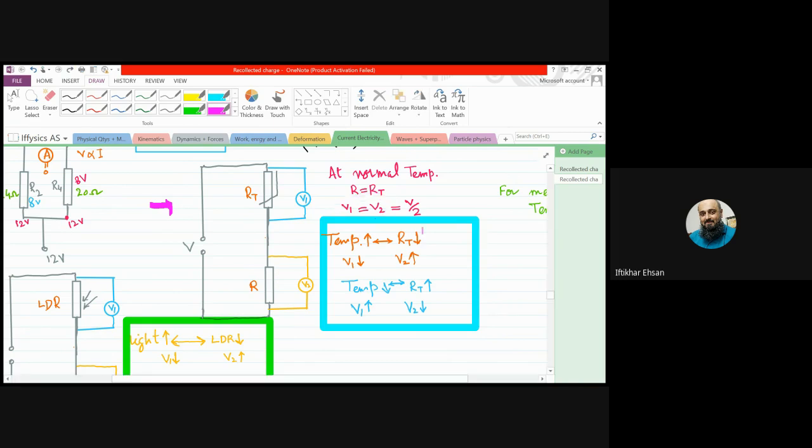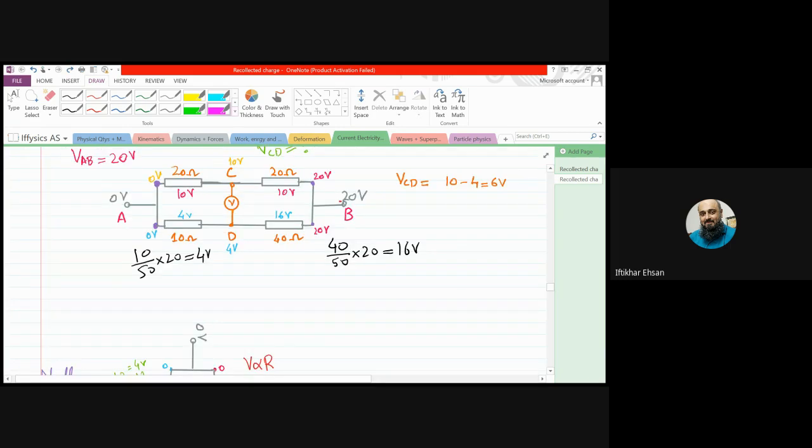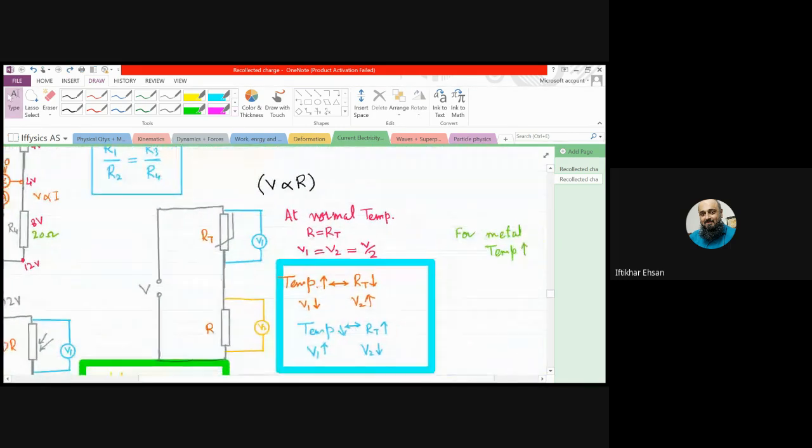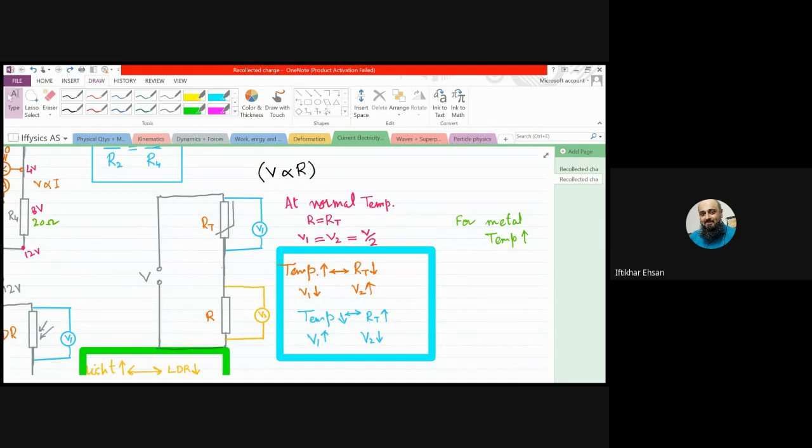But if RT decreases, what happens? In series, the voltage is directly proportional to the resistance. So the resistance which decreases, its voltmeter reading will also decrease.